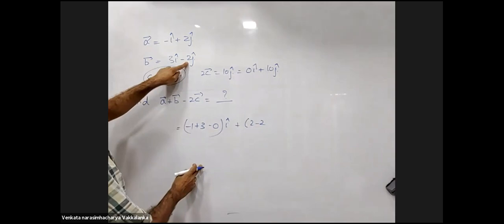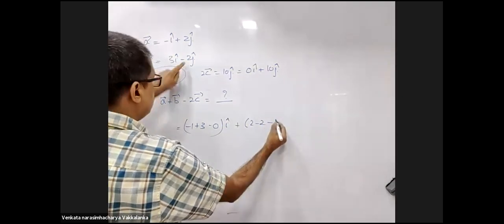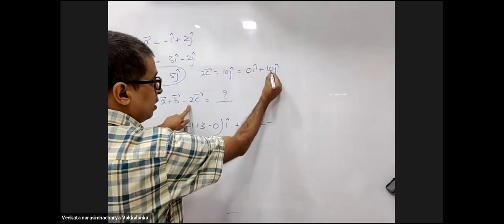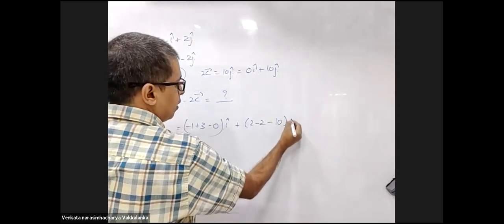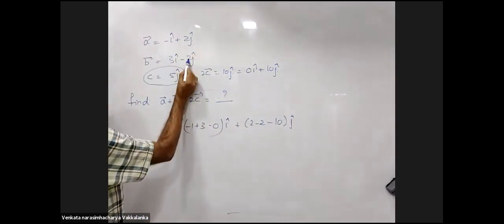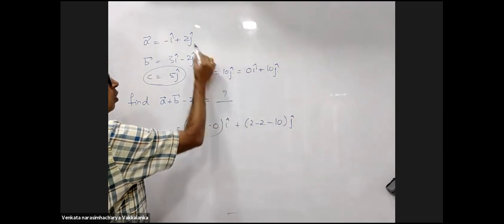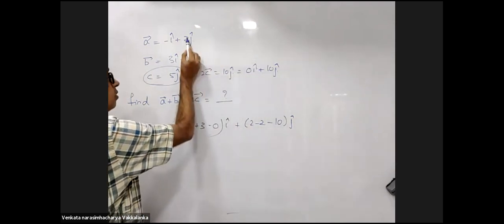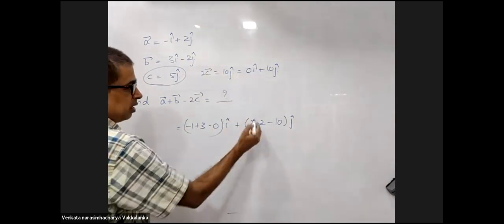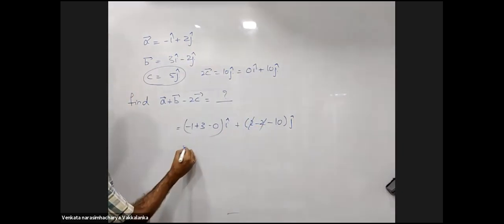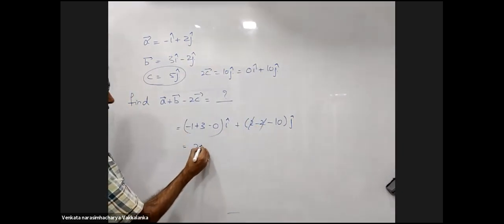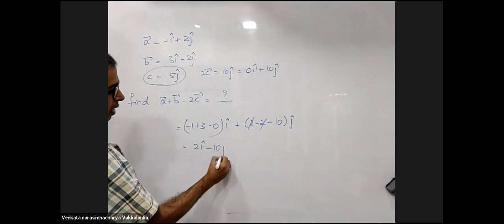Then for j: 2 minus 2 minus 10 j cap. This plus this minus, all coefficients of j. 3 minus 1 is 2 i cap.